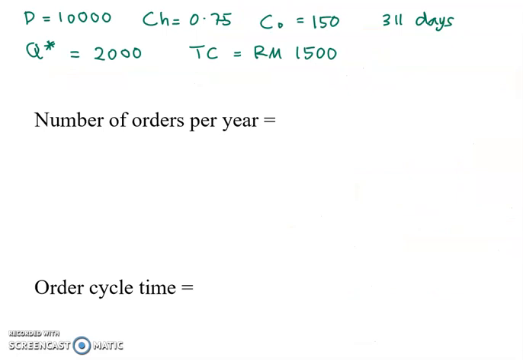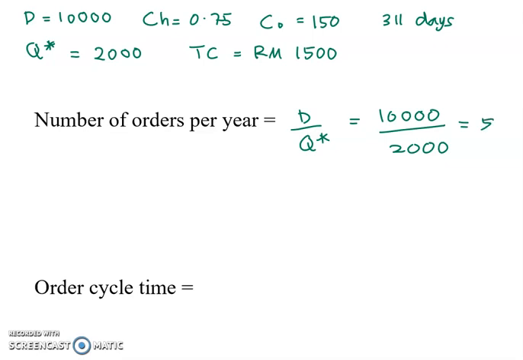Next, the company also wants to know the number of orders per year. It depends on your annual demand and your Q optimal, or order size. So, annual demand divided by Q optimal: 10,000 divided by your ordering size of 2,000 yards.